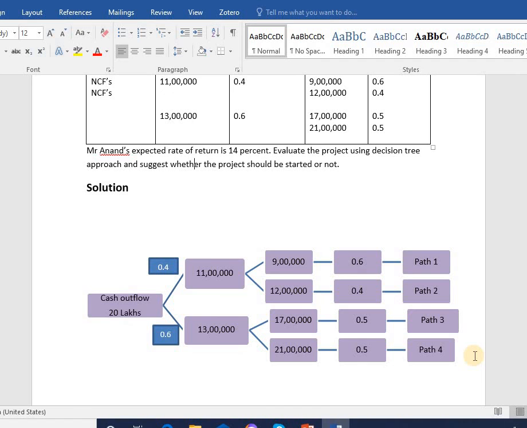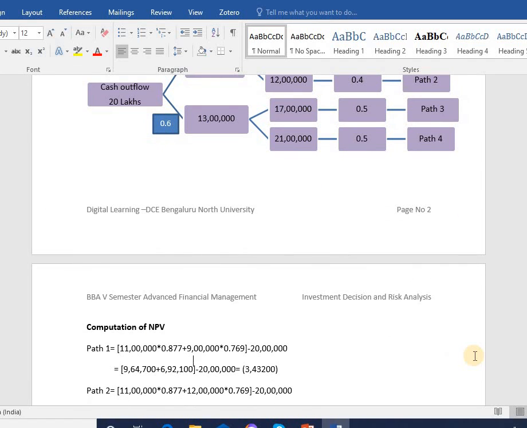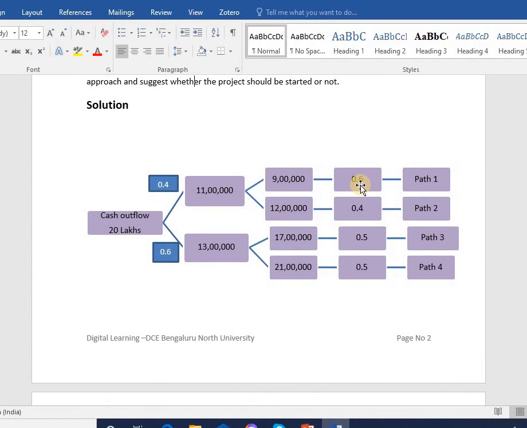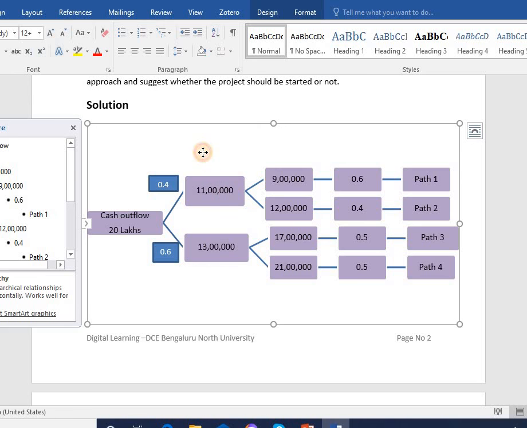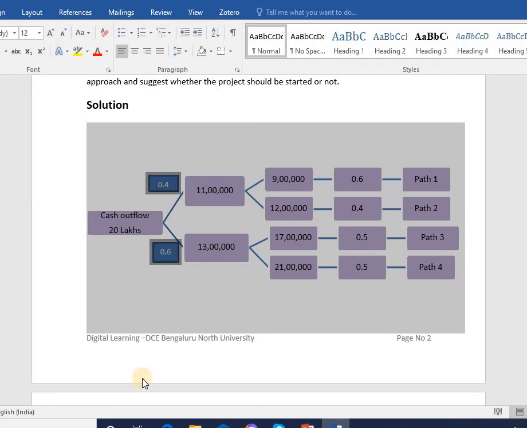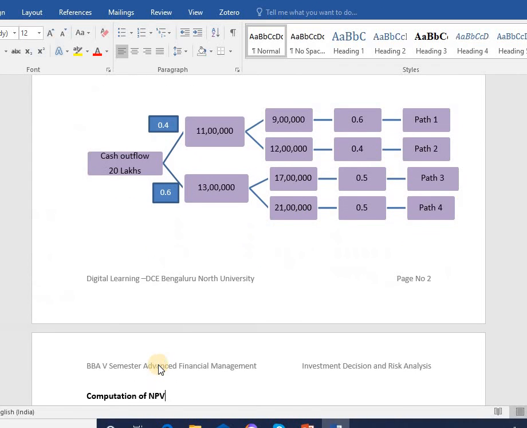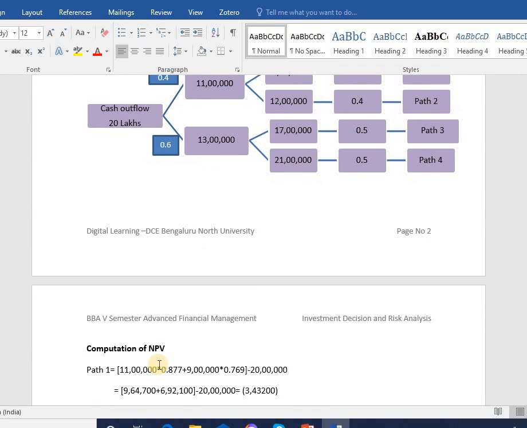Now we need to calculate the NPV. Path 1 is 11 lakh into 0.877, which is the 14% discount rate given in the problem.